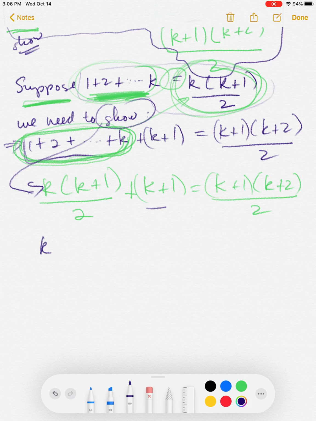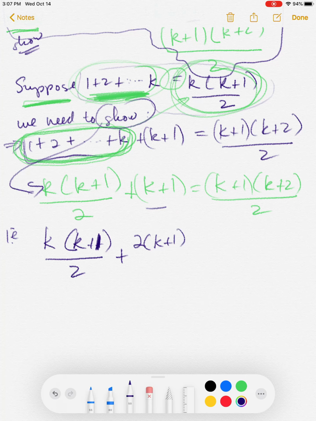So in other words, what we need to show, i.e., k times k plus 1 over 2 plus, and what I'm going to do is multiply k plus 1 by 2 and put it over 2, so 2 times k plus 1 over 2, right?